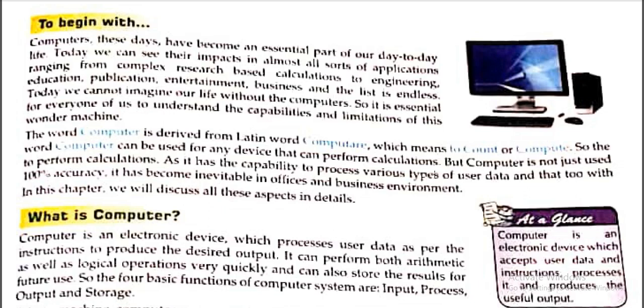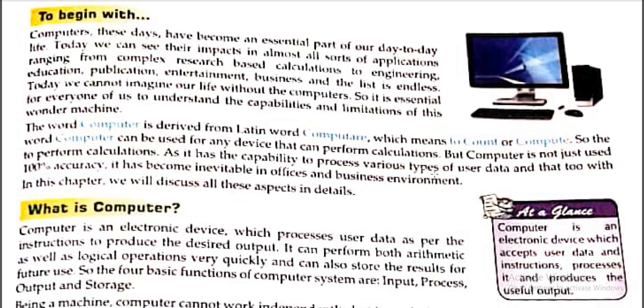So this is the digital time of the world. We use computers or mobile phones for studying, for calculations, for entertainment, for business purposes. There are a number of areas where you can use the computer, so there is no limitation of the computer.